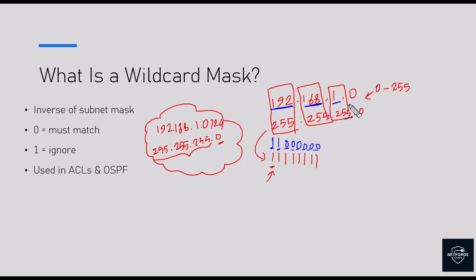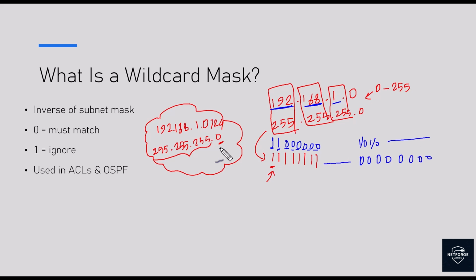But what about the last one? We have zeros for the last octet, 00000000, which means that whatever the value is up there can change. We can have 1 here or 0, doesn't matter. Whatever is up there can change. So that is the subnet mask.